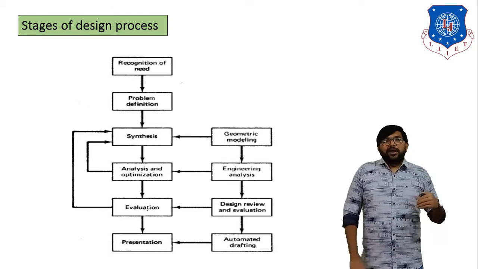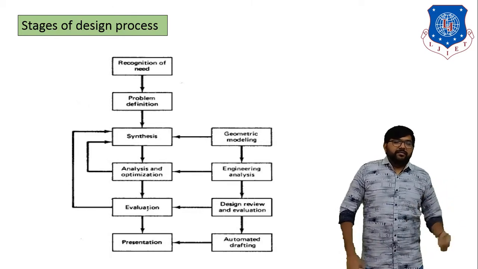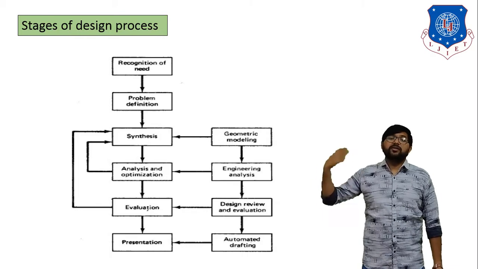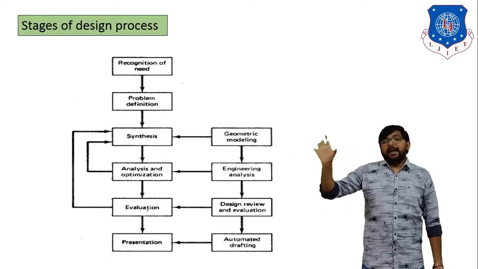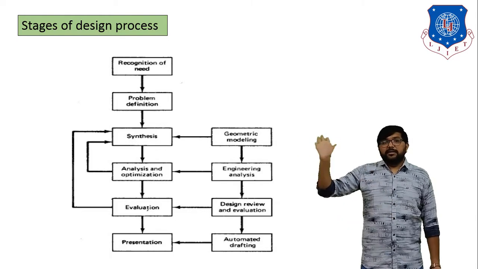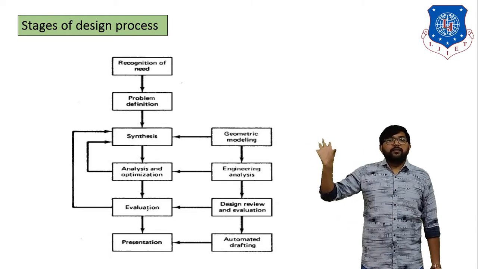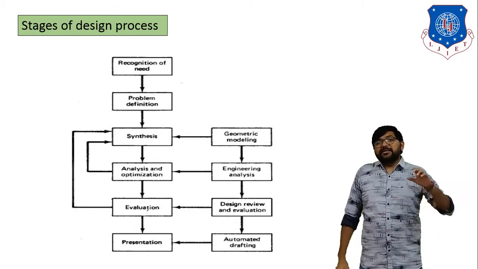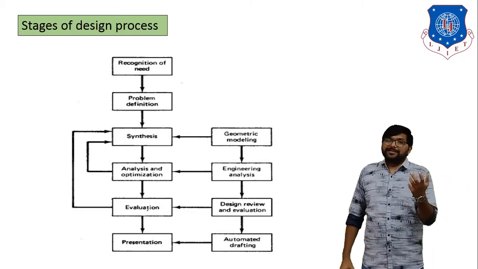Now the last step is presentation. Once you complete your design, you have to present it in front of people. At that time you have to use automated drafting, like a top view, front view, side view, and a 3D model. It's called the presentation of your design. Clear?